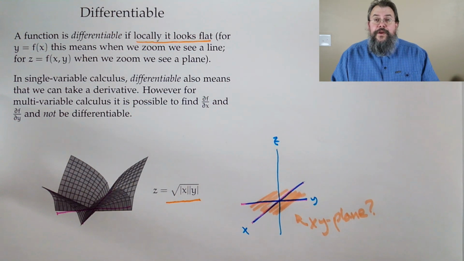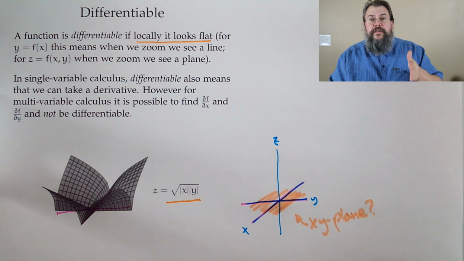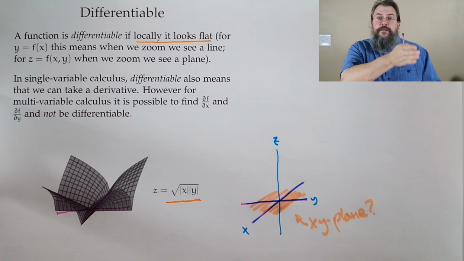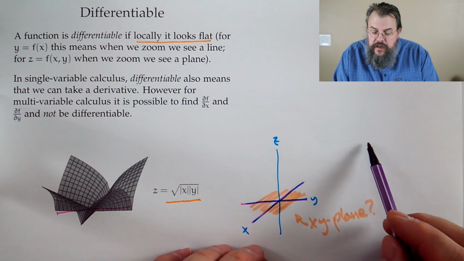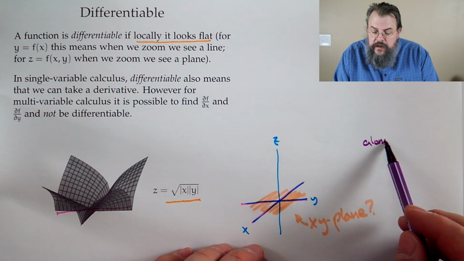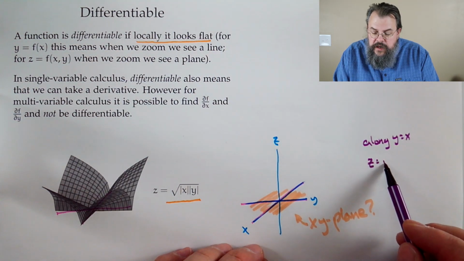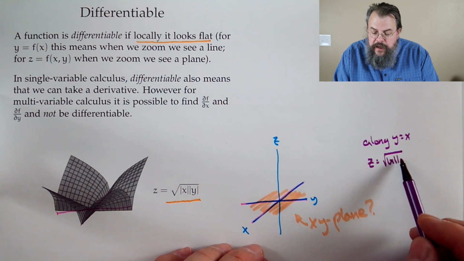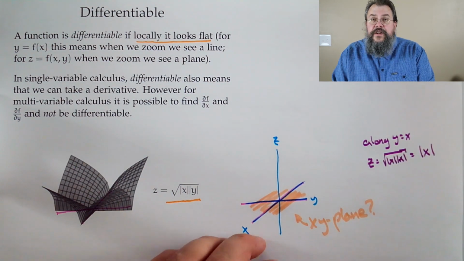How can we see that? Well, let's slice in a different way. Suppose we were to slice not at something like y equals 0 or x equals 0, but along y equals x, so at a 45-degree angle. So what we see is along the line y equals x, our function becomes the square root of the absolute value of x times the absolute value of x, which means it looks like the absolute value function.